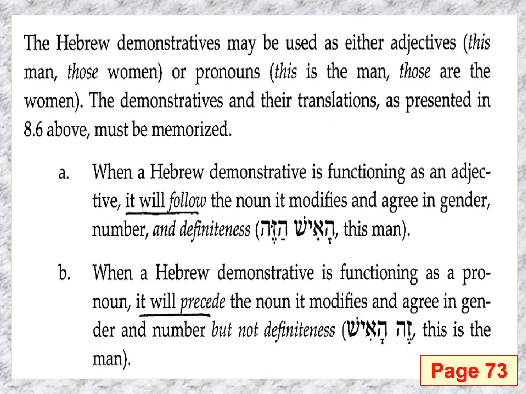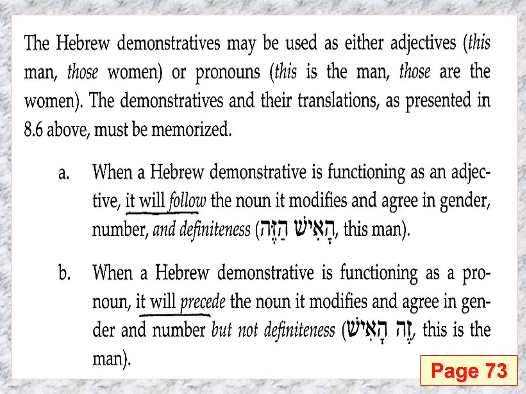This man. When a Hebrew demonstrative is functioning as a pronoun, it will precede the noun it modifies and agree in grammatical gender and number, but not definiteness. Now, hopefully that sounds familiar to you. Yes, it's very similar to a predicate use of the adjective. So the predicate use of the adjective helps us to see when a demonstrative is functioning like a pronoun.